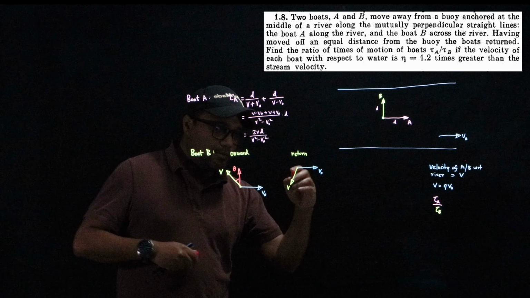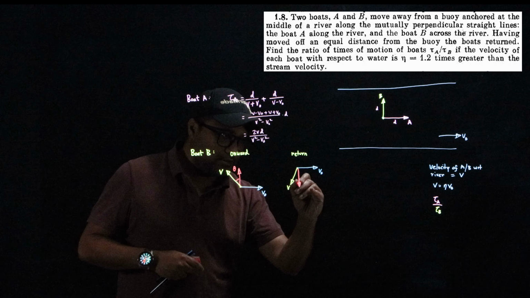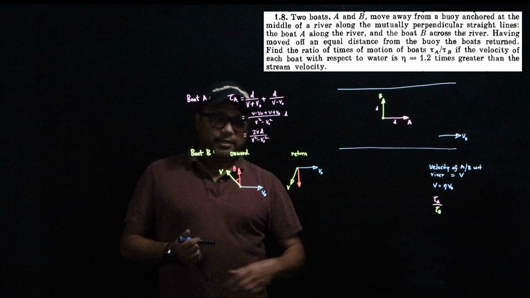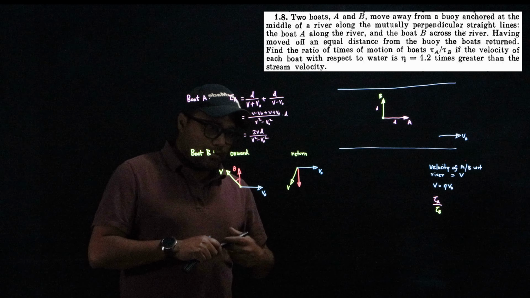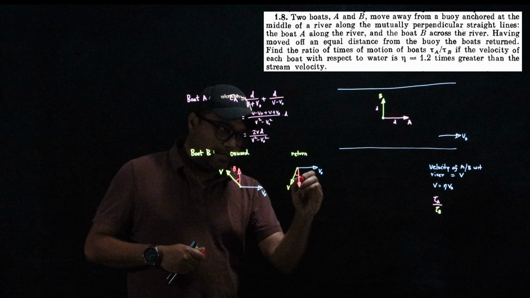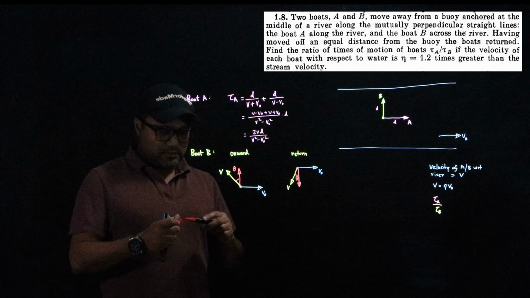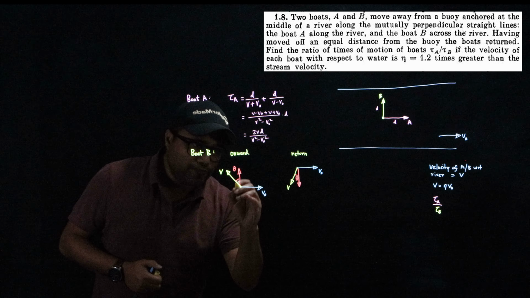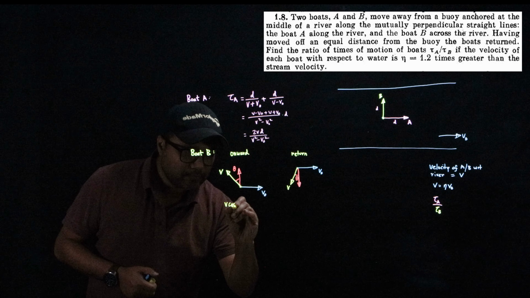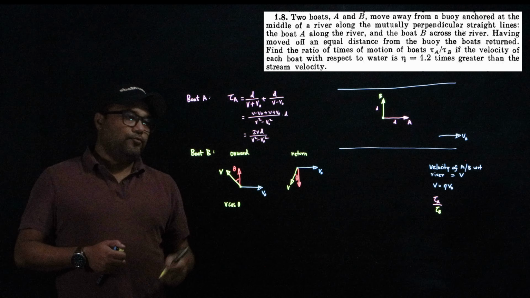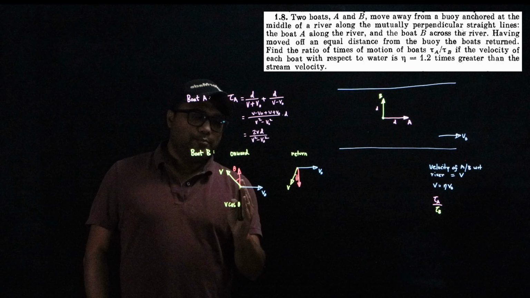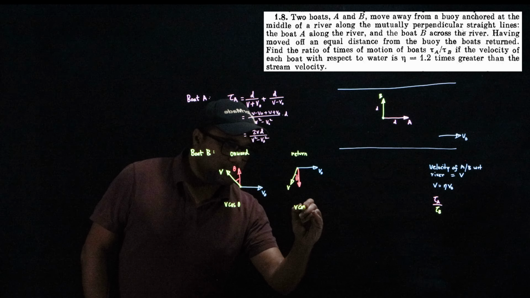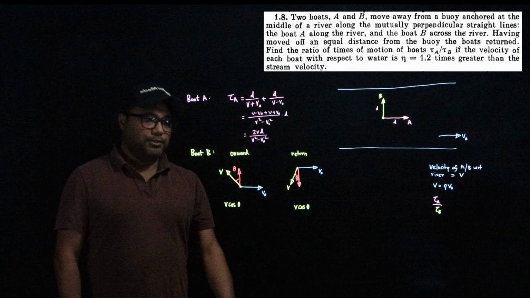So the resultant will be in this direction, which is the direction of travel of B. Okay, again it's very obvious that this angle will also be theta, because none of these individual velocities changed. So v cos theta is responsible for the movement of boat B in this direction. Similarly here also v cos theta is responsible for the movement in this direction.